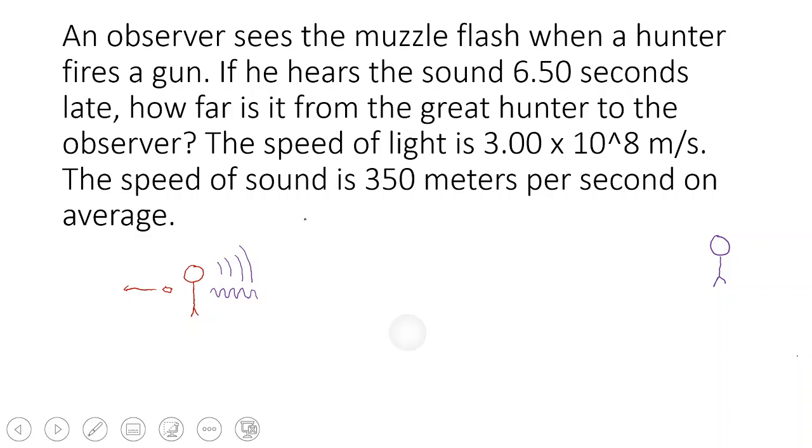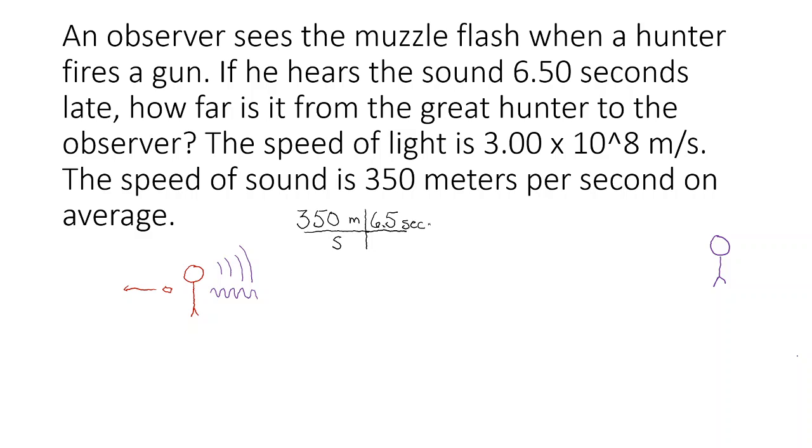So if we say that the speed of sound is on average, now it varies a little bit, temperature has a big bearing on it, but on average about 350 meters per second. And it took 6.5 seconds.